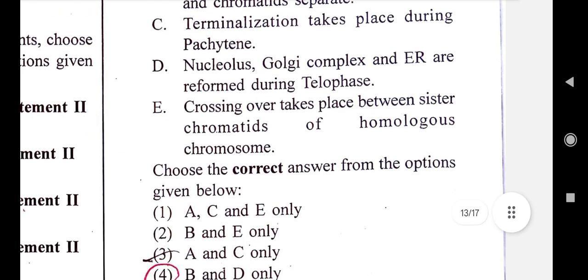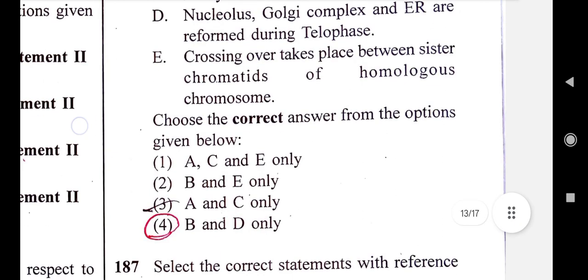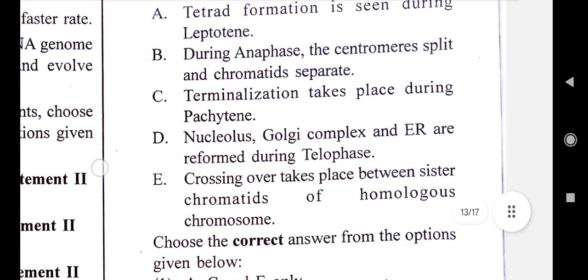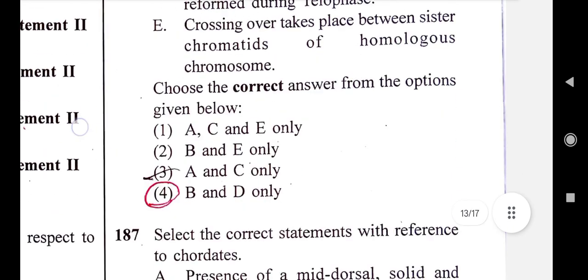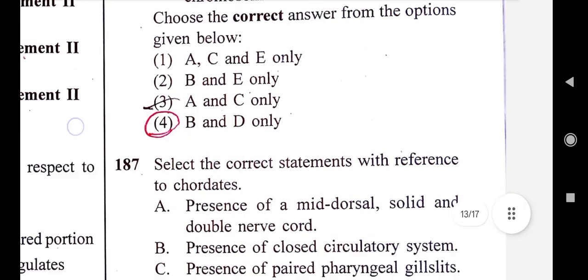E, crossing over takes place between sister chromatids of homologous chromosomes. B and D is the correct answer, dear students. Option 4 is the correct option.